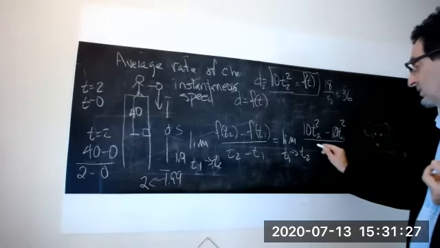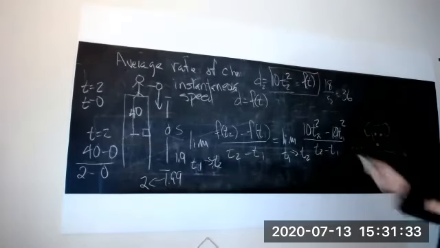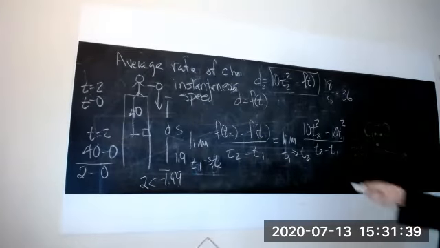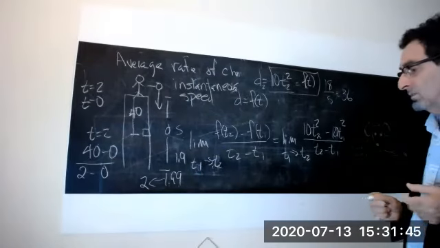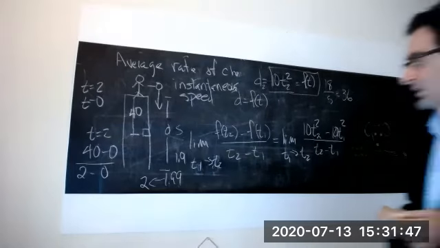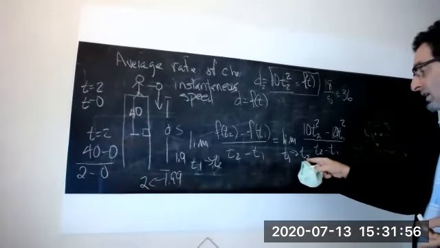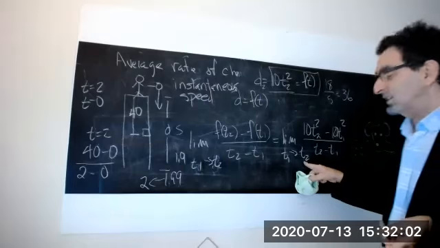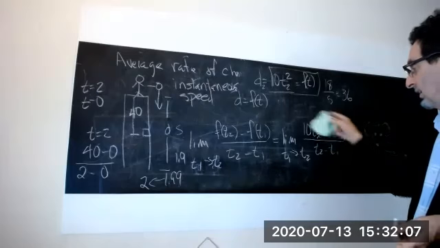And then this is over T2 minus T1. Okay, and that is a limit problem. We spent a lot of time talking about limit problems, so we might be able to calculate this limit problem. So now let's move it to the specific T2 equals 2, just to simplify this a little bit. But this is a general situation. We want to know the instantaneous rate of change, or the instantaneous speed at T2. What we do is we take this limit as T1 approaches T2 of this ratio.